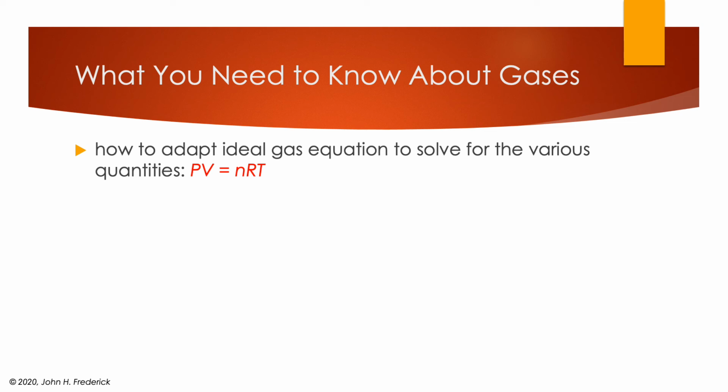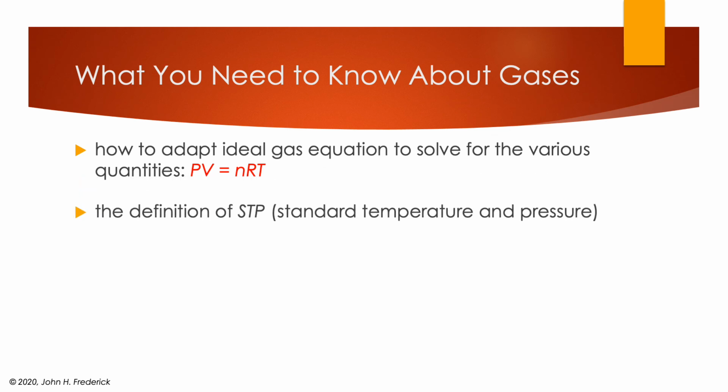If you can do that, you'll be ahead of the game in general. You'll need to know the definition of standard temperature and pressure. Standard temperature is 273.15 K, standard pressure is 1 atmosphere. The molar volume at STP is 22.4 liters. It's a handy number to know, simply because it saves you doing some multiplication along the way.